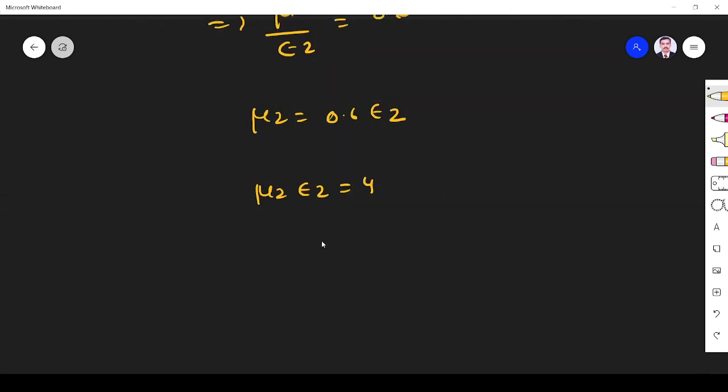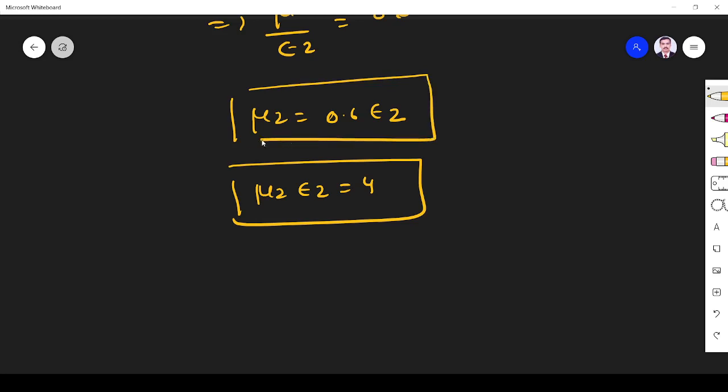We know mu 2 epsilon 2 is equal to 4, already we derived this. Now we got mu 2 is equal to 0.6 epsilon 2. So instead of mu 2, you substitute here mu 2 is equal to 0.6 epsilon 2, so epsilon 2 squared is 4 by 0.6.